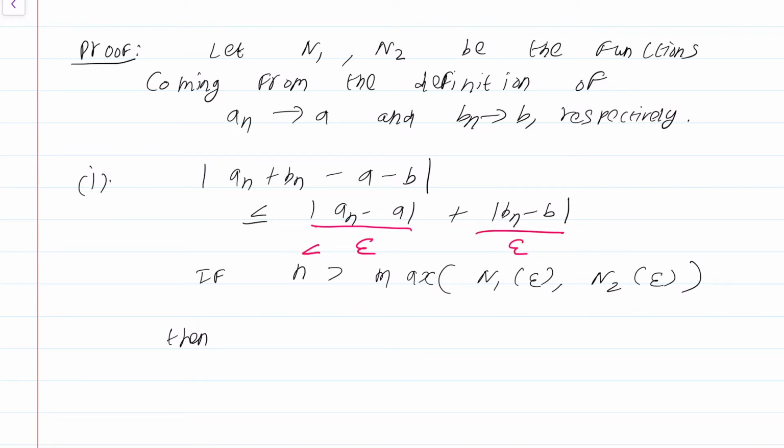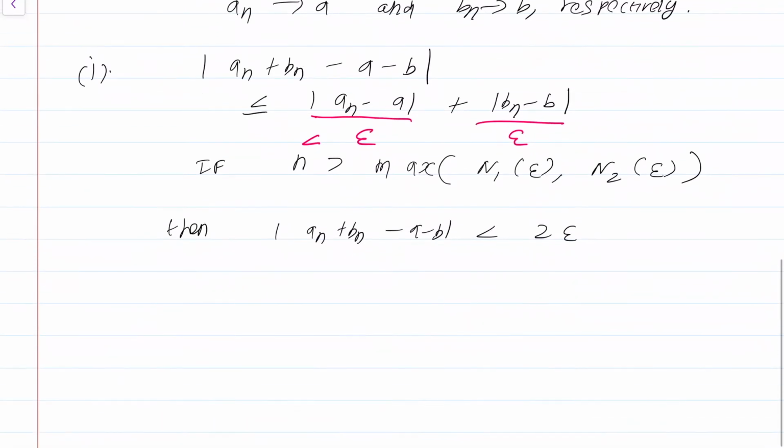Because if n is greater than max of N1 epsilon, then it's certainly going to be greater than N1 of epsilon. Therefore, mod an minus a will be less than epsilon. Similarly, for the term mod bn minus b. So, if n is greater than max N1 epsilon comma N2 epsilon, then mod an plus bn minus a minus b will be less than 2 epsilon.